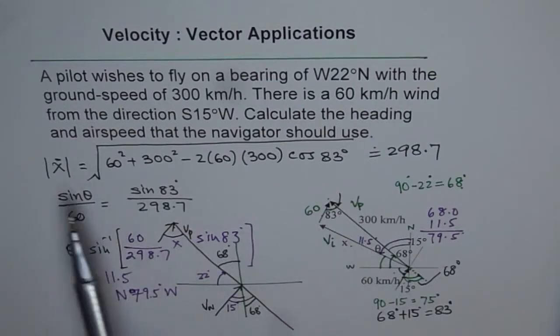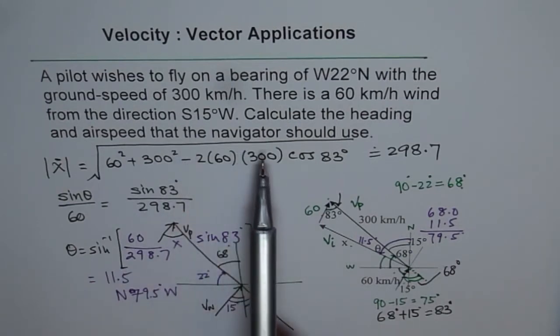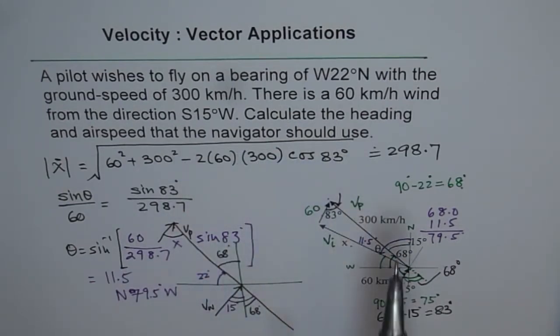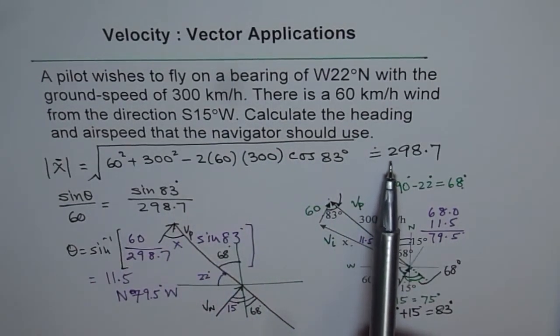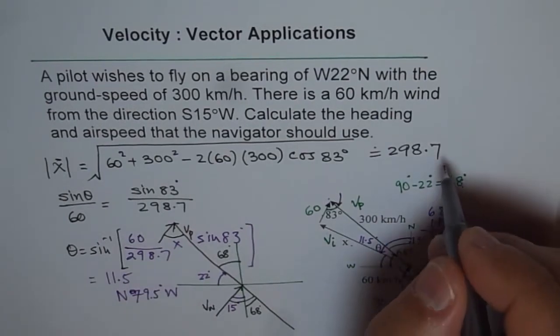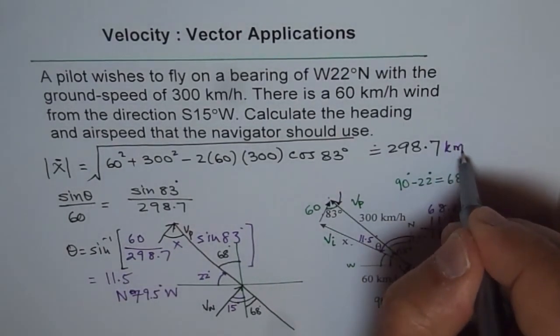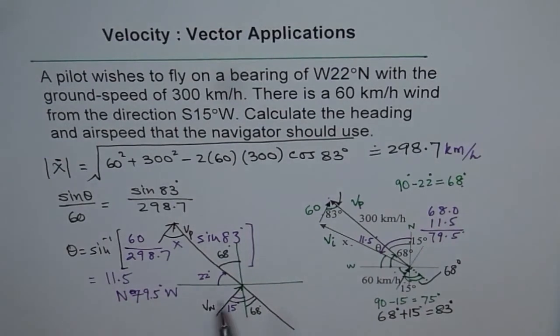So the heading and the airspeed of the navigator should be a velocity of 298.7 kilometers per hour, and the direction is 79.5 degrees west of north, correct? So that is how we are going to do this question. I hope you understand and appreciate. Thanks and all the best.